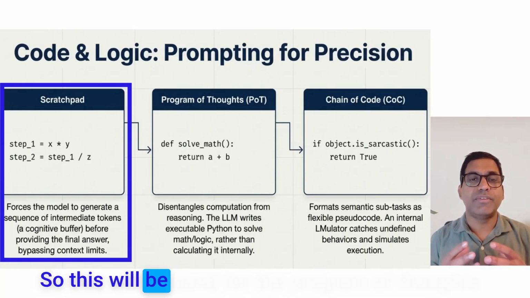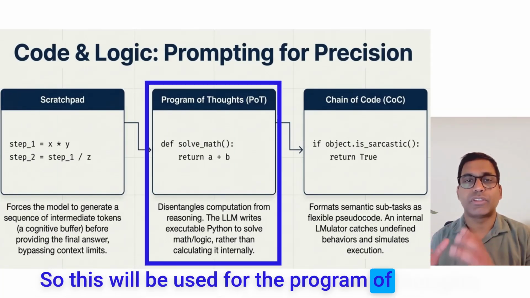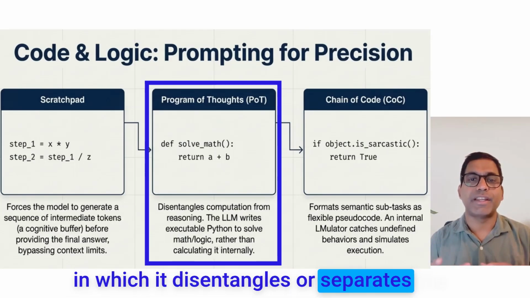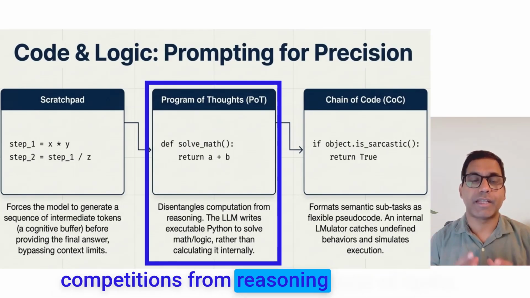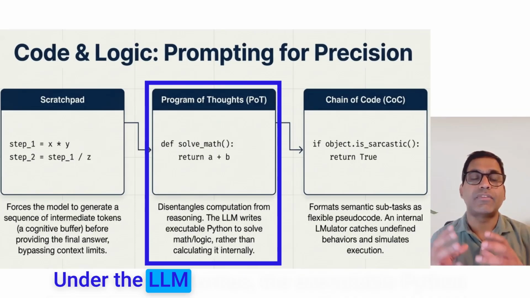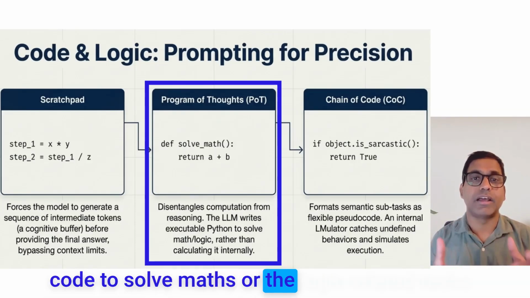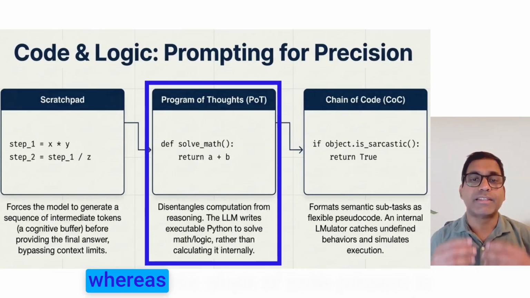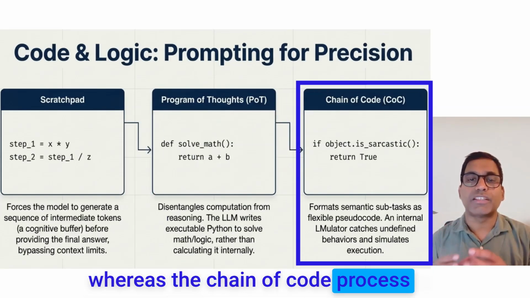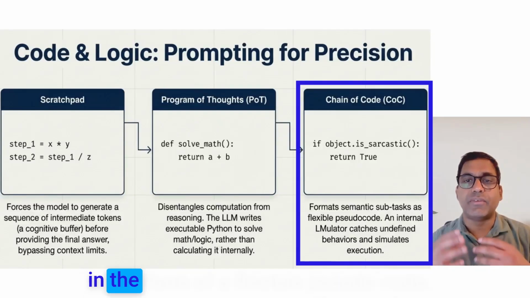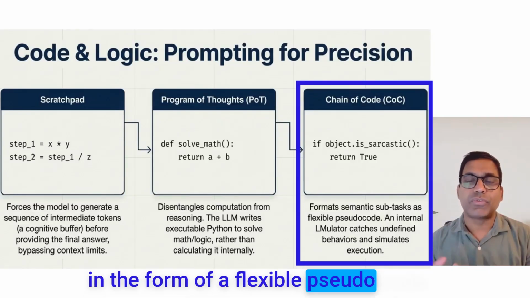So, this will be used for the program of thoughts, in which it disentangles or separates the computations from reasoning type of tasks, and the LLM writes the executable Python code to solve maths or logic related tasks, whereas the chain of code process is used to solve the reasoning related tasks in the form of a flexible pseudocode.